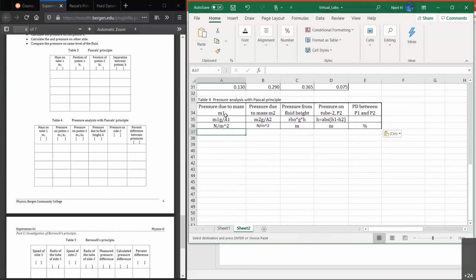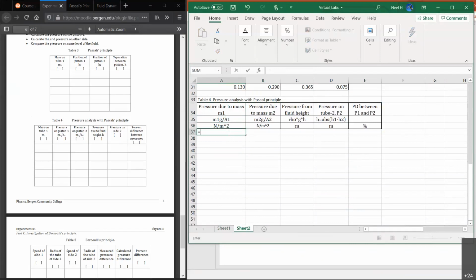Now, pressure due to mass number one. Mass number one doesn't change at all, right? Pressure due to mass number one, which is m1g divided by a1. You can see the equation here. These are cylinders, so a1 should be pi r squared, right? So you have to make that and do the calculation.